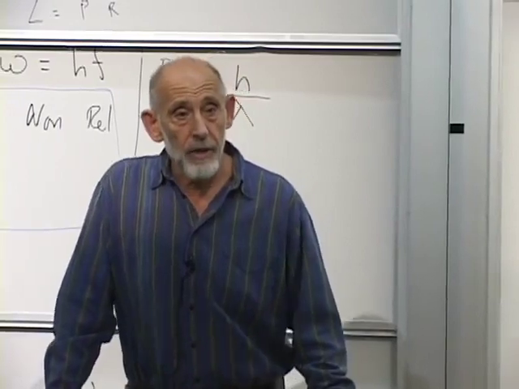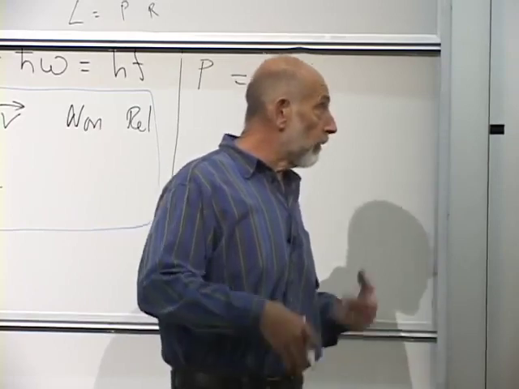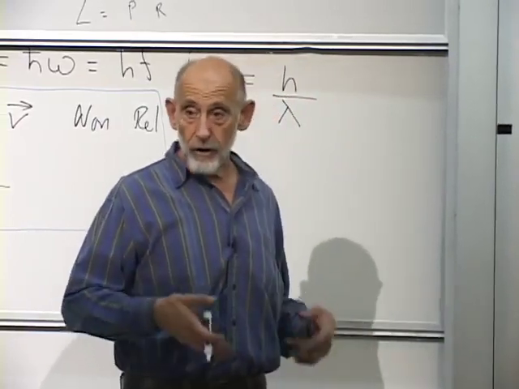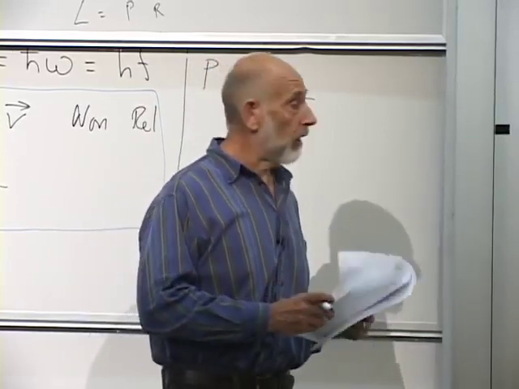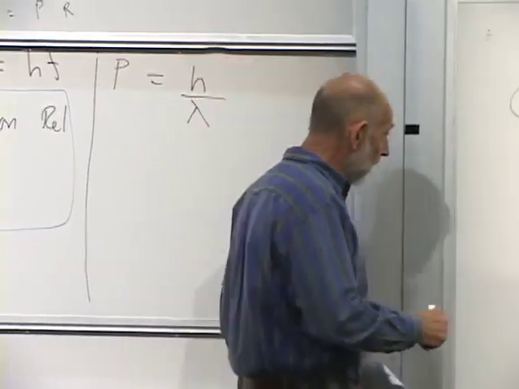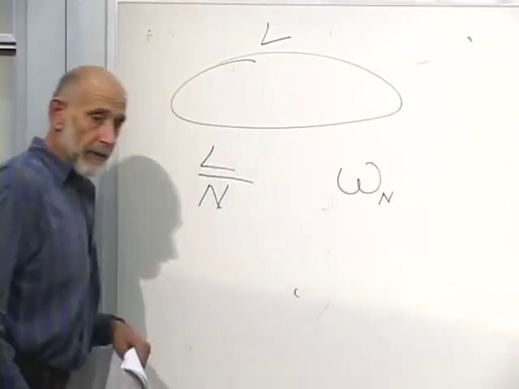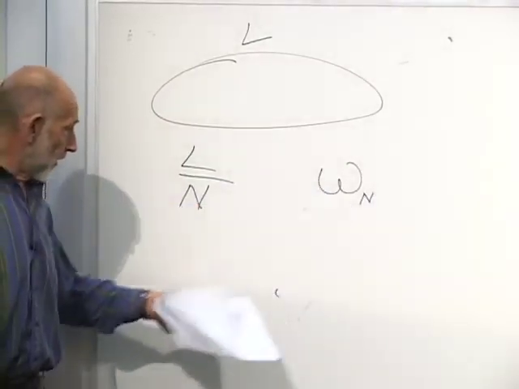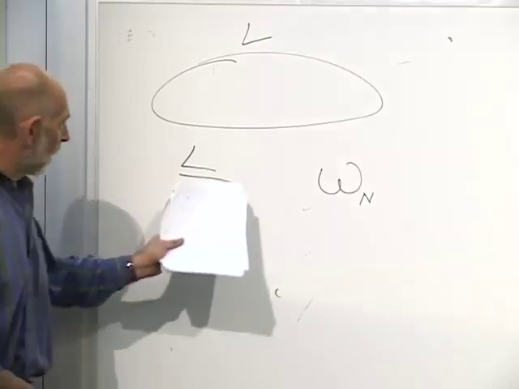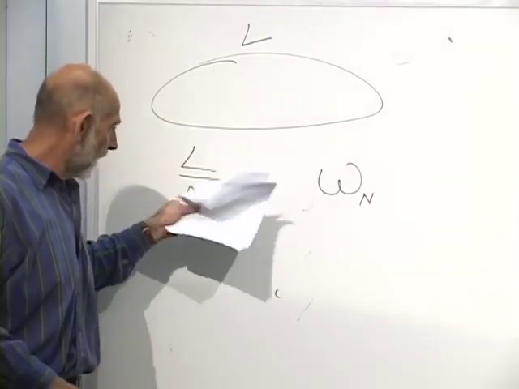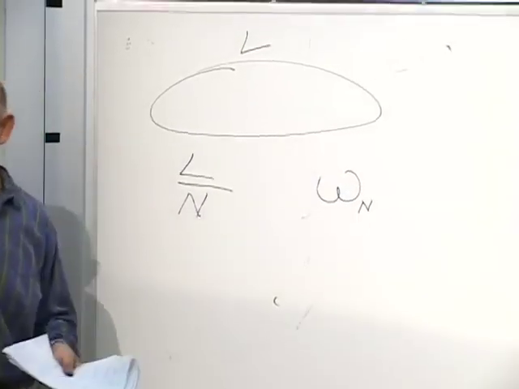Okay. That means there are allowable values of momentum. These are allowable values of frequency and allowable values of momentum. Those allowable values of frequency we can call omega n. n goes from 0 to infinity, all the possible values of frequencies.